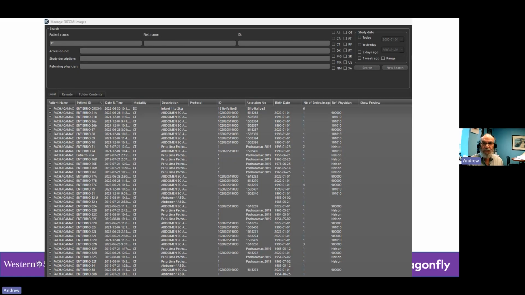And just for interest, I'm sure most of you probably don't see this screen. This is the PACS screen, the Picture Archive Communication System, which is a leftover from ORS Visual. This is really a medical database for handling the DICOM data that goes with the CT scans, but I find it quite useful.